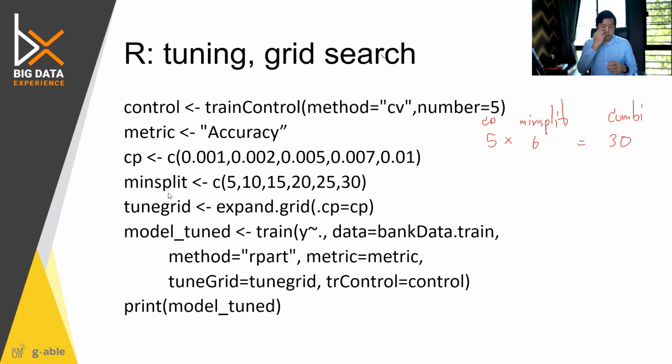These 30 combinations indicate the total number of parameters that we use.